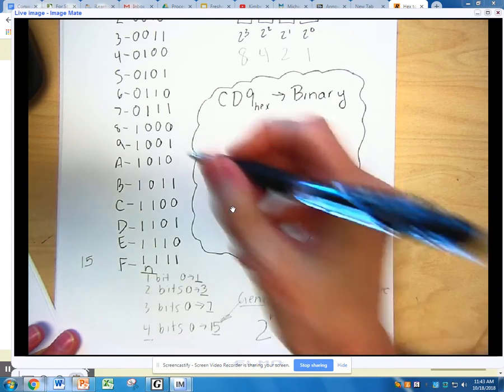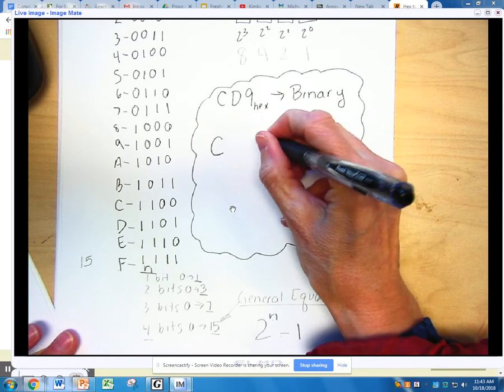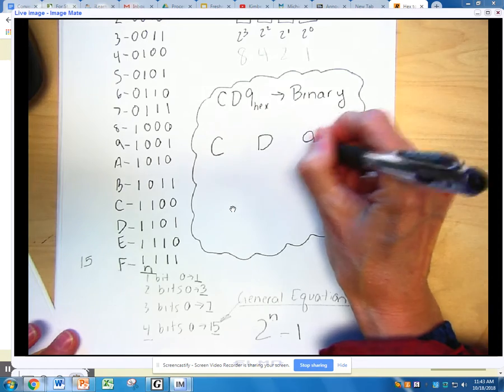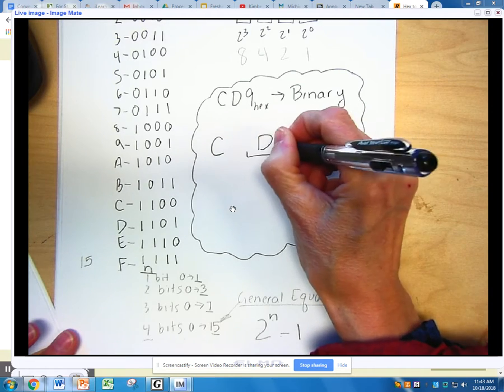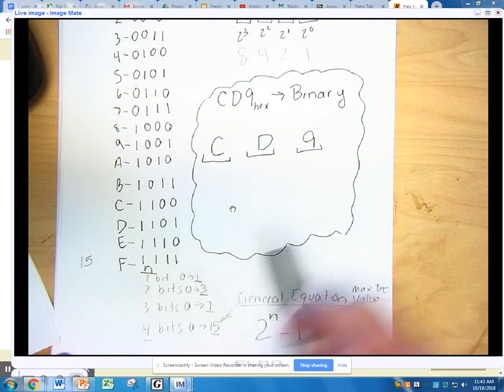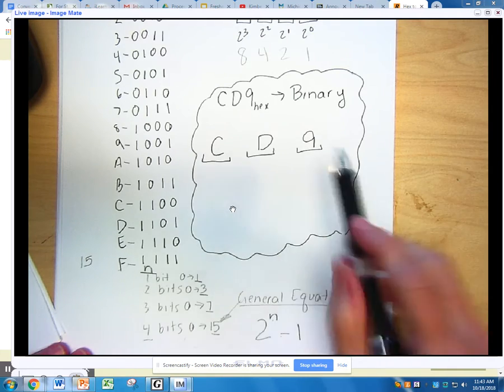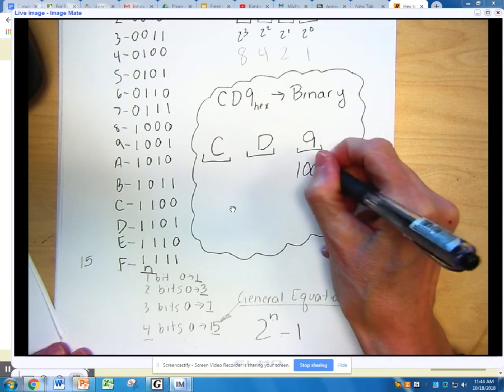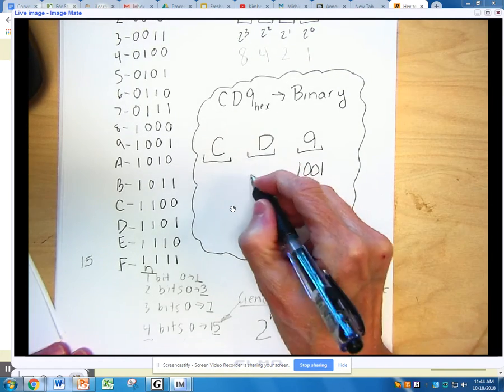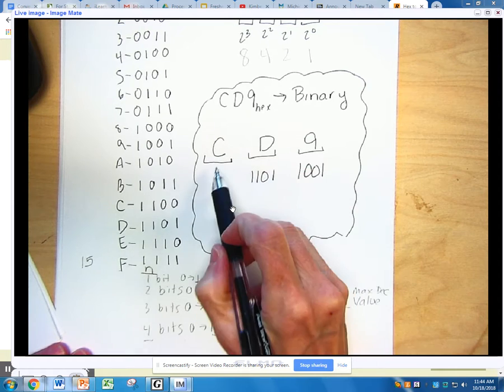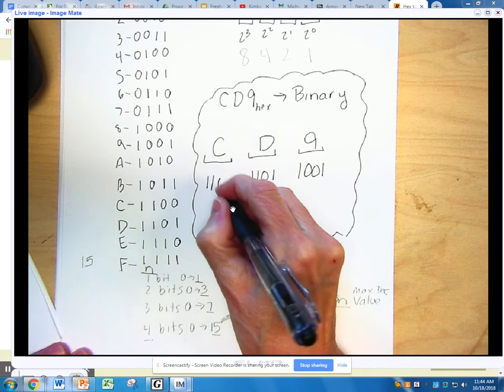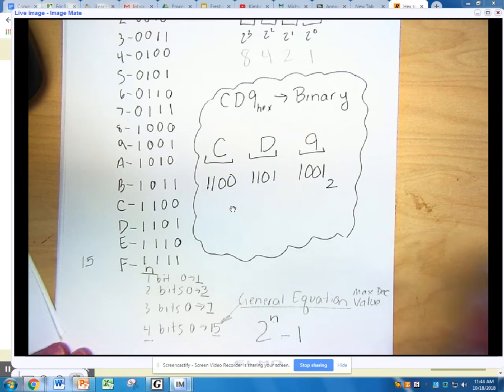The easiest way to do this is just write each one out big, and then underneath, write those bit patterns. So 9 is 1001. D is 1101. C is 1100. Done. It is that easy.